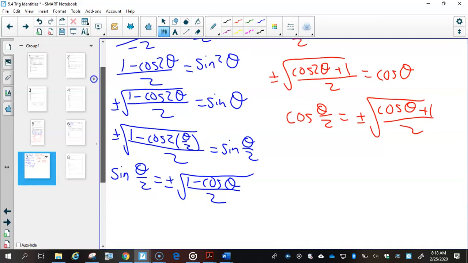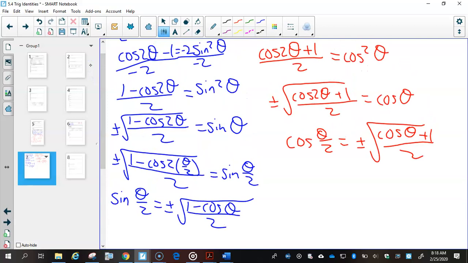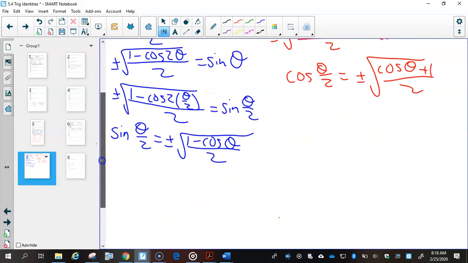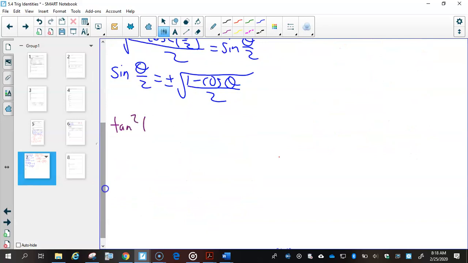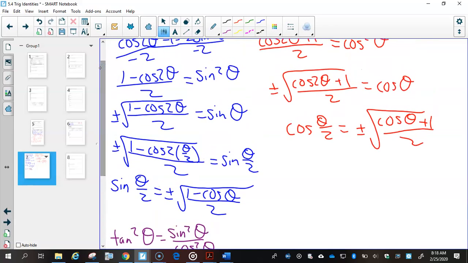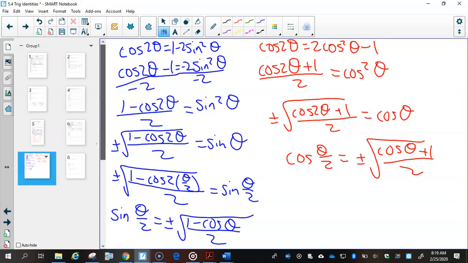So I'm going to go back to where I had sine squared over cosine squared, because somewhere in here we have sine squared and we have cosine squared. So I'm going to put this over this.